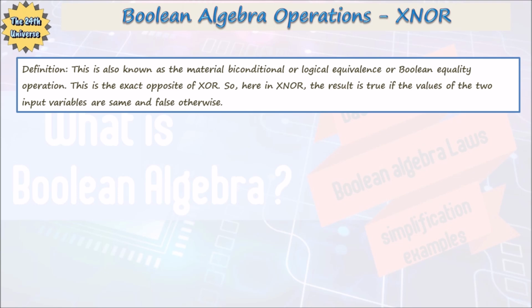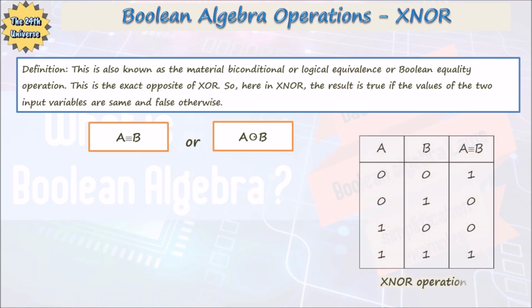So, here in XNOR, the result is true if the values of the two input variables are the same and false otherwise, denoted as A circled dot B. This is how we denote A XNOR B. In this truth table, one can see when A and B values are different, the result is 0, and when both A and B are the same, the result is 1. This is how we represent the XNOR logic gate, and these are the reduced forms.